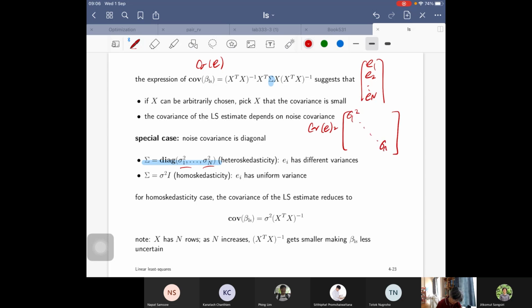If it has a diagonal structure, it means that the covariance of ei, ej, which is sigma ij, is 0 in this case. When the covariance of ei and ej is 0, what do we say? What does it mean?